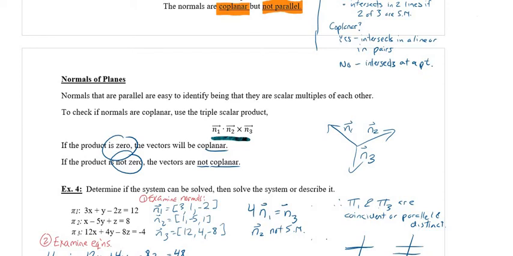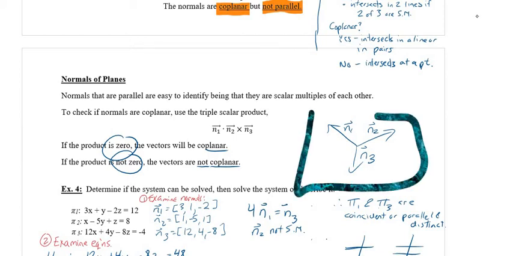Now, the reason why this works, let's take a look at this example off to the side, this diagram that I drew. Now we have N1, N2, N3. We said with the triple scalar product, we start by doing the cross product. So we're going to take the cross product of N2 and N3.